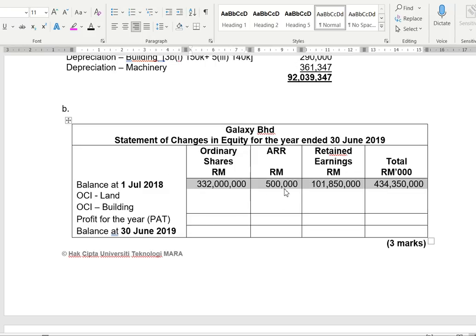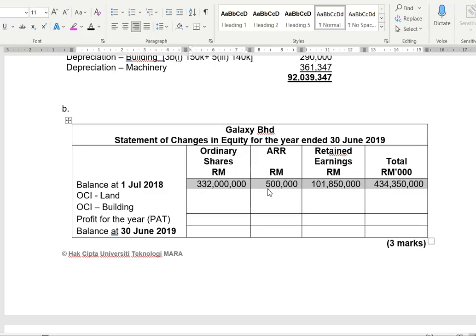But when you put this in the statement of changes in equity, it will total up all the revaluation reserve coming from different land and building, and you will total up here, and you will have the list of accounts that will show accounts detail relating to asset revaluation reserve. Okay, don't worry so much.